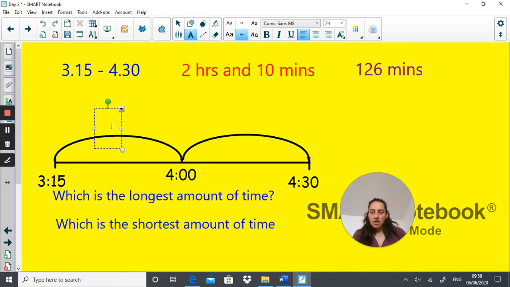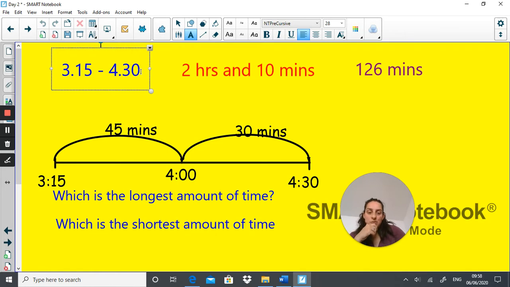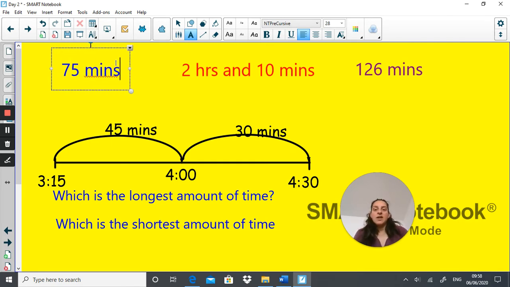The leaps would be: 3:15 to 4 o'clock would be 45 minutes, and 4 o'clock to 4:30 would be 30 minutes. So that means that 3:15 to 4:30 is the same as 75 minutes. So now we're comparing 75 minutes, 2 hours and 10 minutes, and 126 minutes.